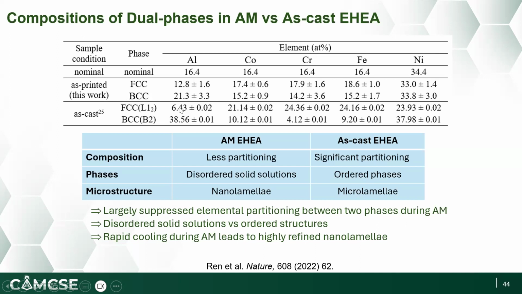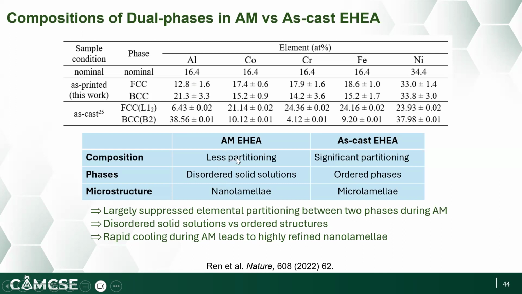For example, in the as-cast sample, the FCC L1_2 laminae have only 6 atomic percent aluminum, whereas the BCC B2 laminae have 38 atomic percent aluminum. In contrast, the 3D printed sample shows much less elemental partitioning between the dual phases.